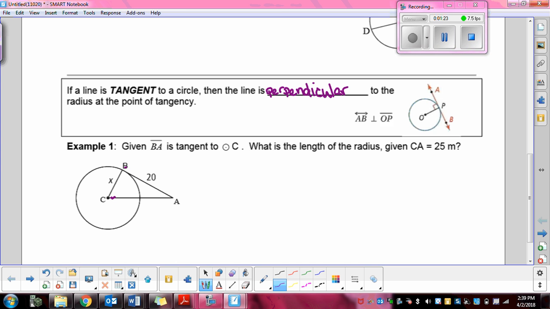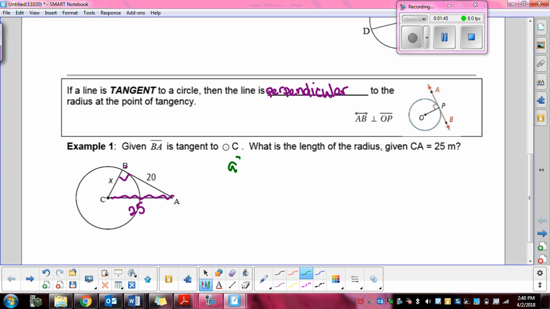So this whole thing right here is 25. And if this is my tangent, then this is going to be the 90-degree angle where it's tangent to the circle, where it touches the circle. The point of tangency means that that's the point where it touches the circle, and that is going to be the 90-degree angle. So I'm going to use our knowledge of special right triangles.